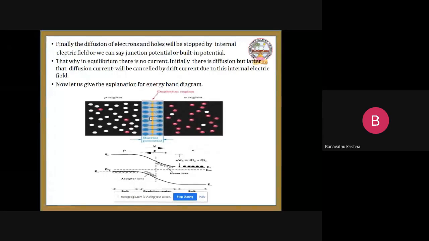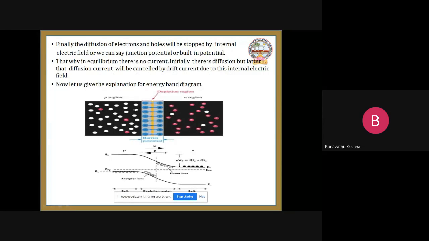When this region forms, the majority charge carriers do not pass through it because it is in equilibrium without any external forces. Initially there is diffusion, but later the diffusion current is cancelled by the drift current due to the internal electric field.